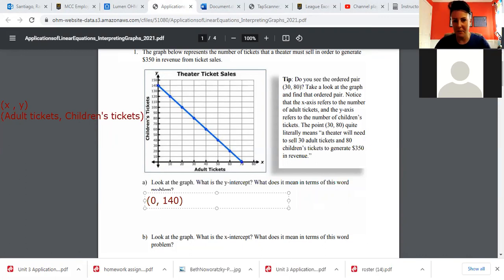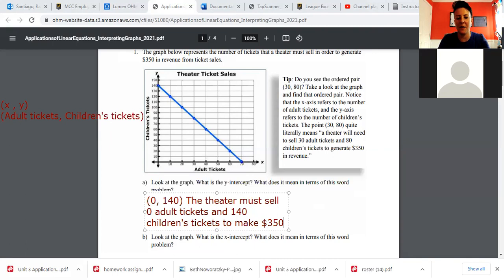And what does this mean? So recall that the theater is selling tickets. We also recall that the X coordinate refers to adult tickets and the Y coordinate refers to children's tickets. So what we could say in this particular context is that the theater must sell 0 adult tickets and 140 children's tickets to make $350.